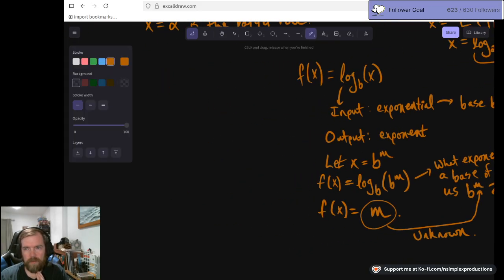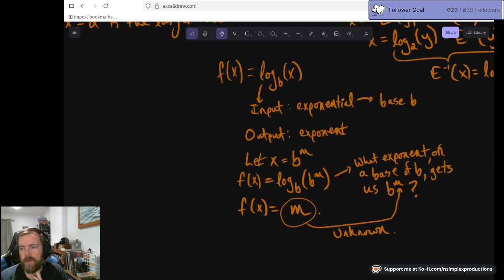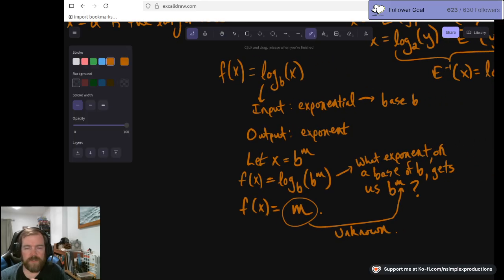This does help us in that we do know some facts about exponentials and therefore by logs. We could say that if we're doing this as b to the 0, b to the first, b squared, b to the third, b to the negative first, b to the negative second, etc., these are going to be our nice inputs.